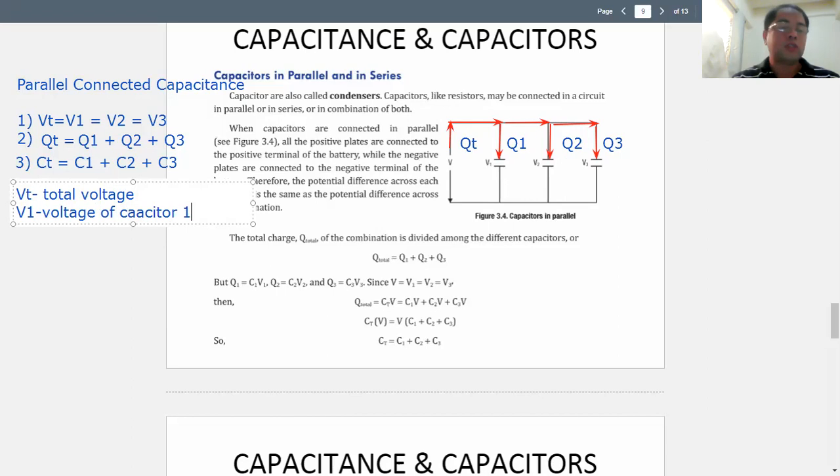Okay, and so on with V2, V3. Our Q sub T is our total charge, and this is expressed in coulombs. So Q1 is our charge 1 for capacitor 1.